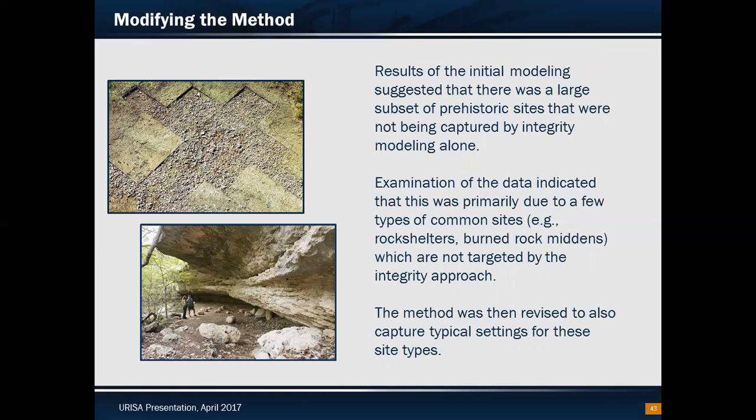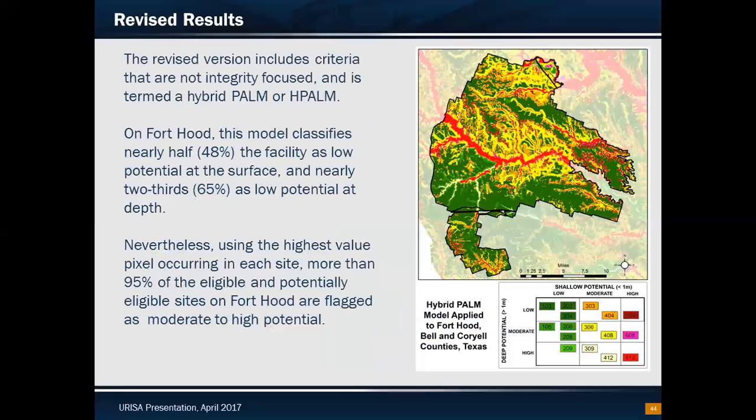And then we stepped back and devised a method to capture those, which involved actually capturing areas where there was a very rapid change in elevation by running a high-pass filter over the DEM and then scaling that. And when we combined that and layered it on, we were able to rule out about half of the base in terms of potential, and yet still capture 95% of the sites.